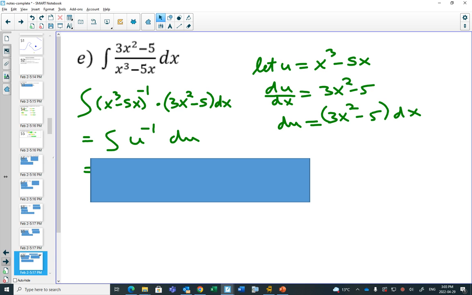And that is the derivative of a natural log.